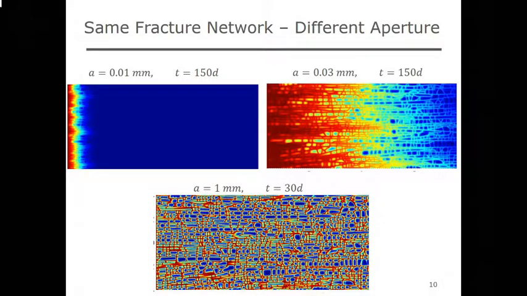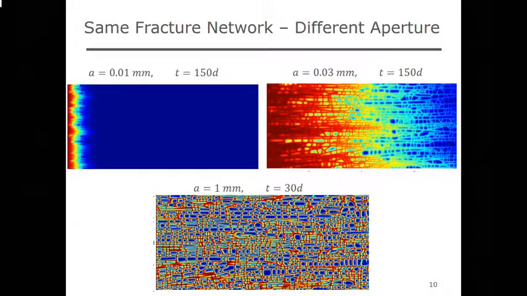If you now picture that this color coding, the red could be some sort of contaminant, and we are interested in how fast this contaminant propagates through our porous medium. Now, we have a very subtle change in the aperture of the fractures, but we see completely different flow patterns.